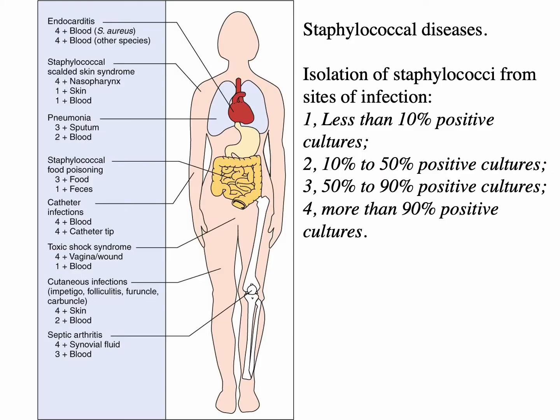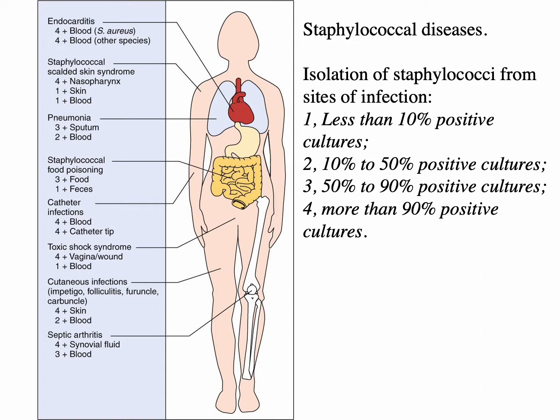So this last slide on this disease illustrates how widespread the organism is, and also the variety of different diseases that can be caused by staphylococcus. So the numbers there, 1, 2, 3, 4, refer to the isolation frequency. So always the larger the number, 4 for some 90% positive coverage, I mean very commonly isolated from that type of disease.